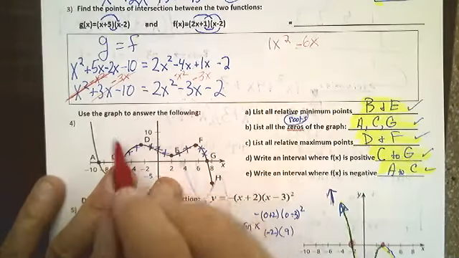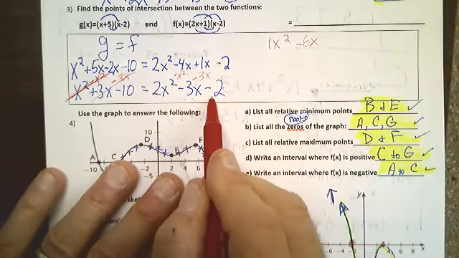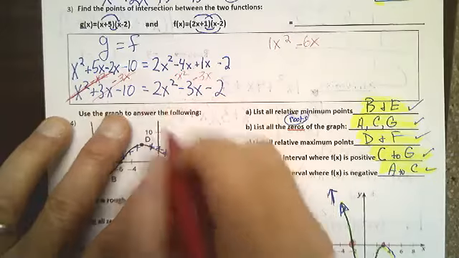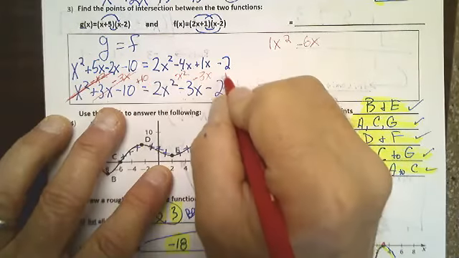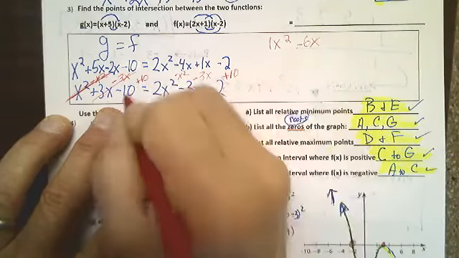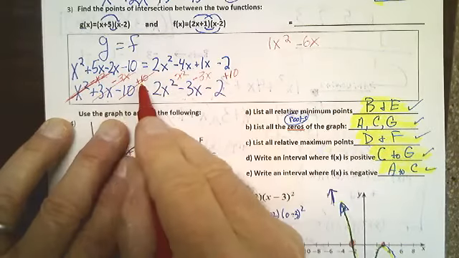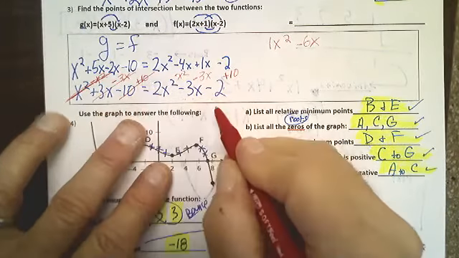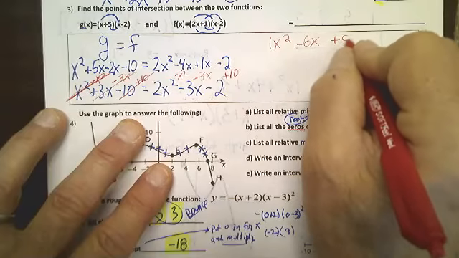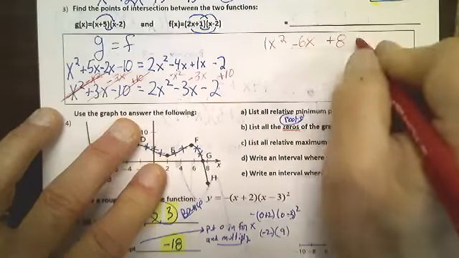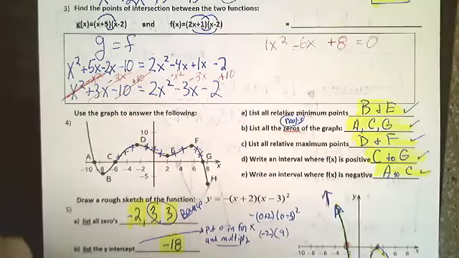Mr. Mullis, what about the other 2 numbers? I'm going to add 10. -10, +10 crosses off. -2 plus 10 is 8. And then I can set that equal to 0.